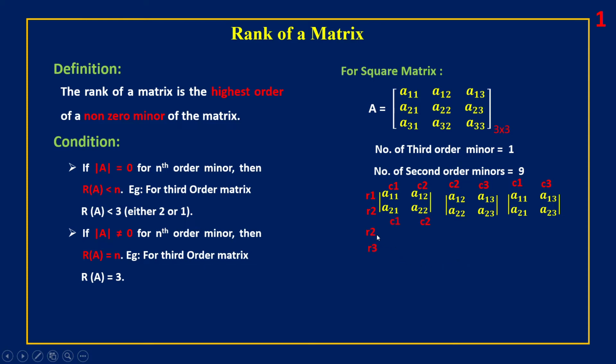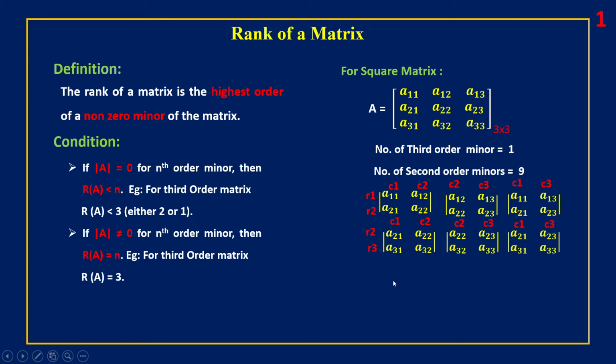If we strike out row 1, by striking out column 3, the elements are this one, that is a second order minor, and the next second order minor is this one, and the next second order minor is this one.